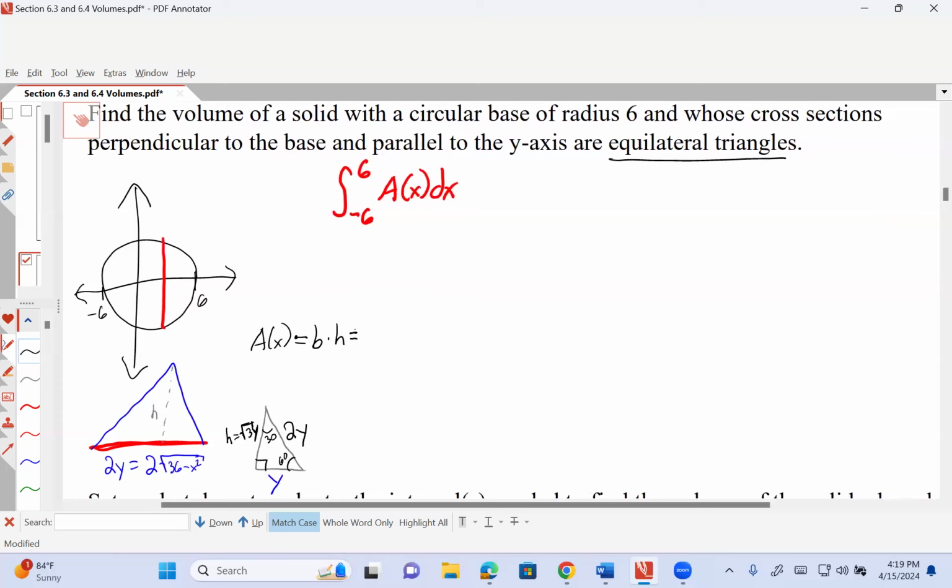Meaning, for our area, our area of a triangle is 1/2 base times height.